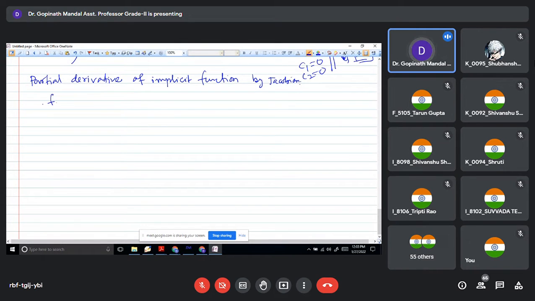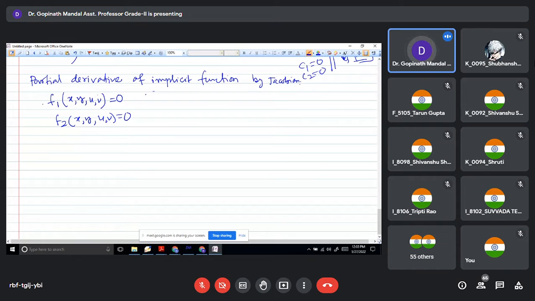There are two functions, f1(x, y, u, v) equal to 0 and f2(x, y, u, v) equal to 0.